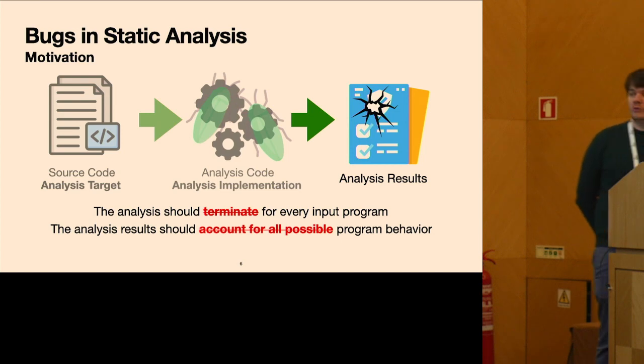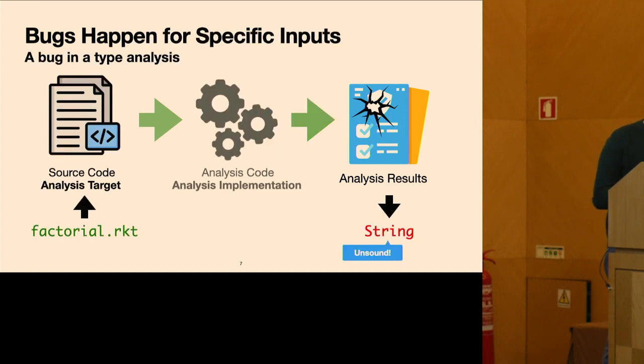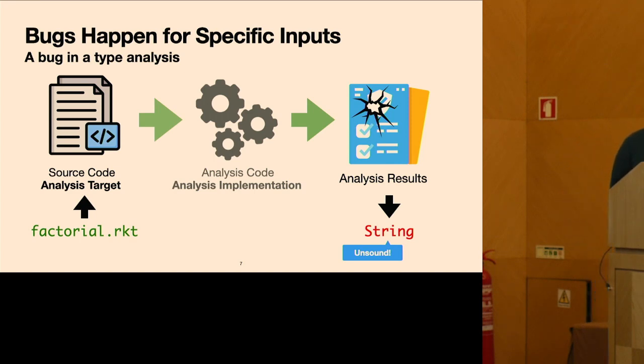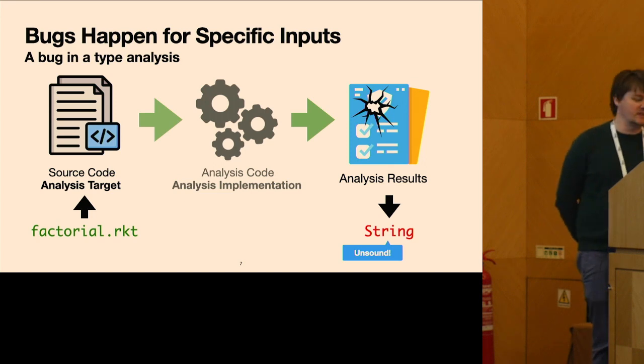Certainly for soundness, suddenly we might get a value that does not correspond to the expectations that we have about the input program. For example, for a program that computes the factorial, it would be very strange if our static analysis would derive that the output of that program is a string instead of an integer. Then we would call that static analysis unsound. So that is the kind of stuff that we can have for bugs in a static analysis.